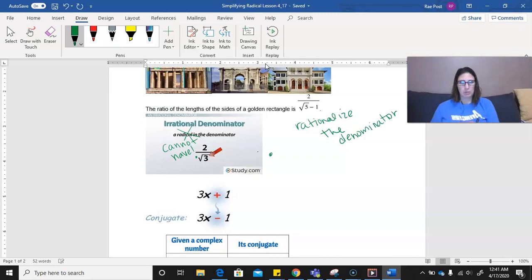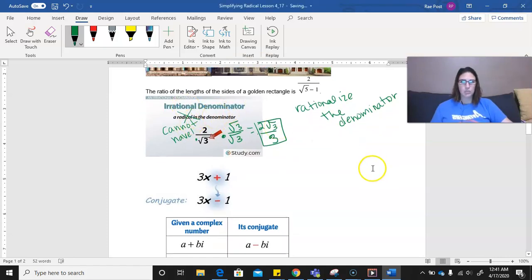You would multiply the top and the bottom by the denominator, if possible. In this case, you would get 2 times the square root of 3, and your denominator would become the square root of 3 times the square root of 3, which is the square root of 9, which is 3. So you are manipulating it to get the denominator as just a regular number, not a radical. Otherwise it would be irrational and you cannot have that. So we're going to do the same thing here.